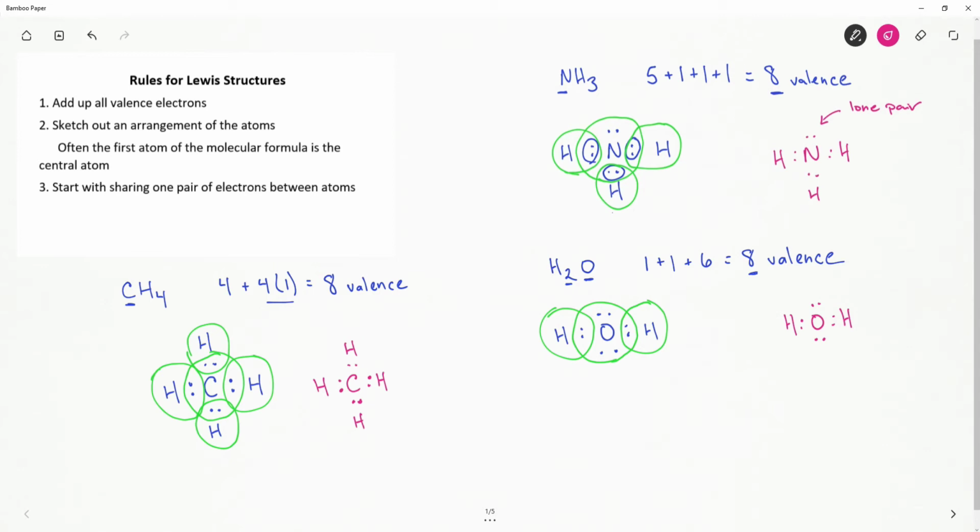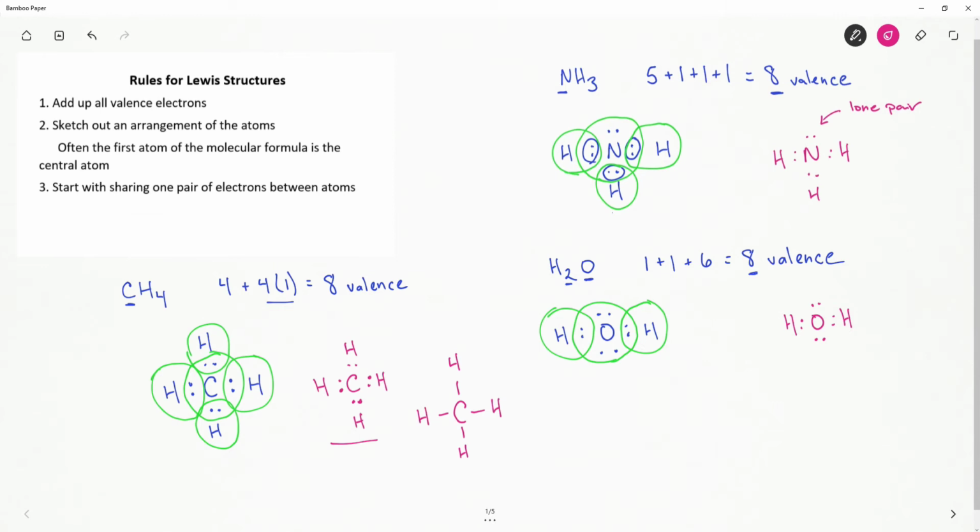So another way that we can draw methane is with lines instead of with dots. So I have the carbon in the center, and that line is going to represent 1 pair of electrons, which also represents a single bond.